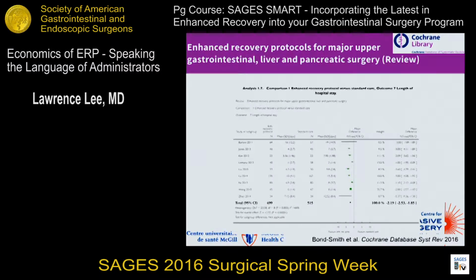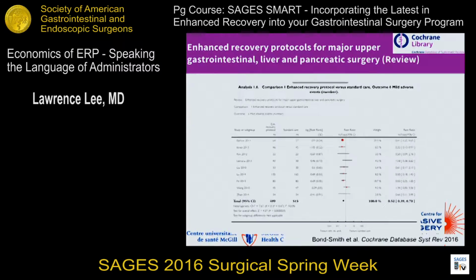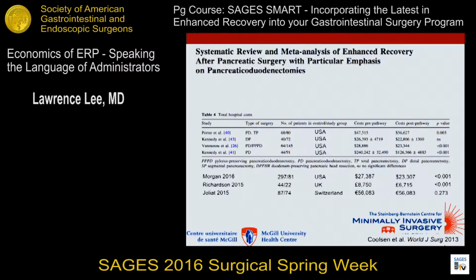And again, because this is supposed to be for GI surgery, I've been showing a lot of the data for colorectal, but we see here for upper GI, liver, and pancreatic surgery that there is also lower length of stay in major upper GI and HPB surgery, decreased complications, and decreased costs as well. And when you look at this slide, the numbers tend to be a little bit all over the place.